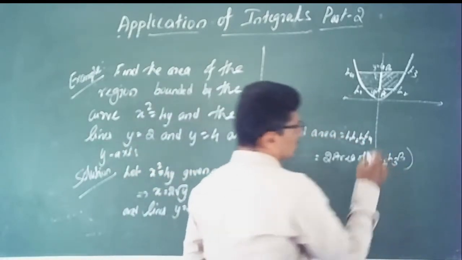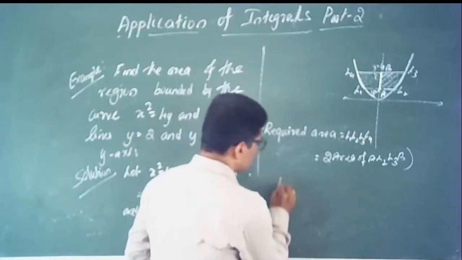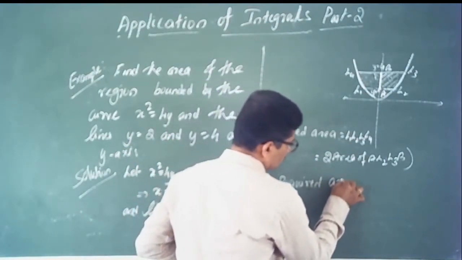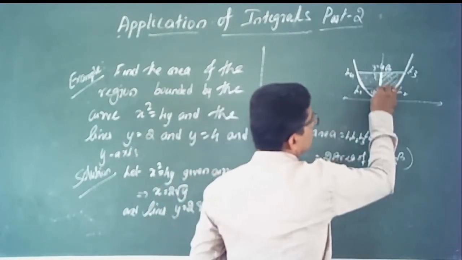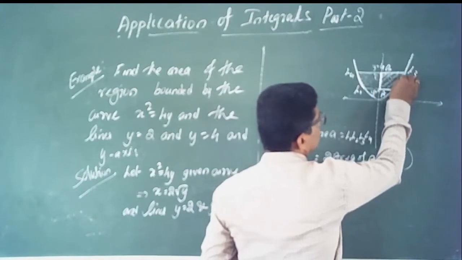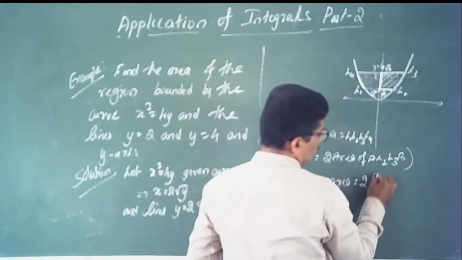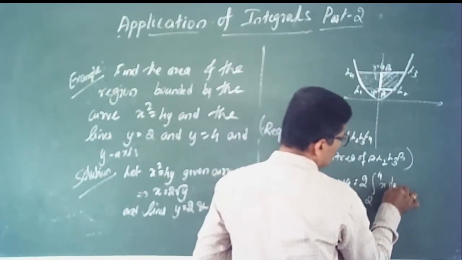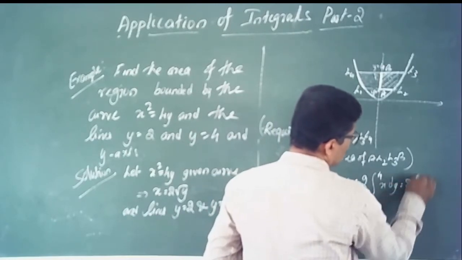Therefore, the required area is equal to 2 times the area bounded by y is equal to 2, y is equal to 4 and x dy. Its value is 2 times the integral from 2 to 4.